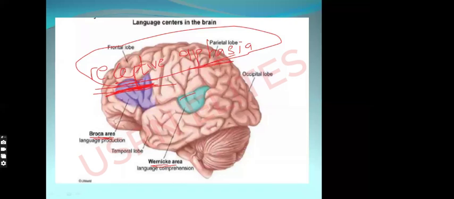That's why we call this one expressive aphasia. Broca's area is affected in expressive aphasia. They have language deficits, but their comprehension is more intact.